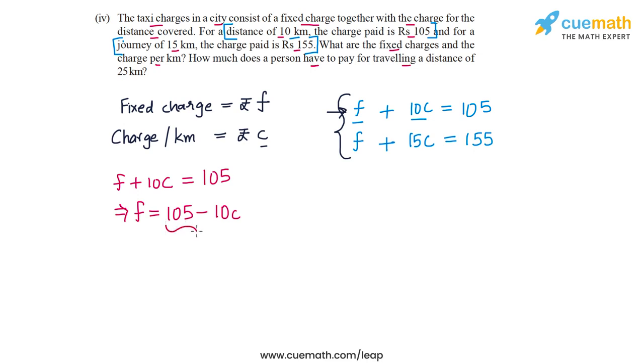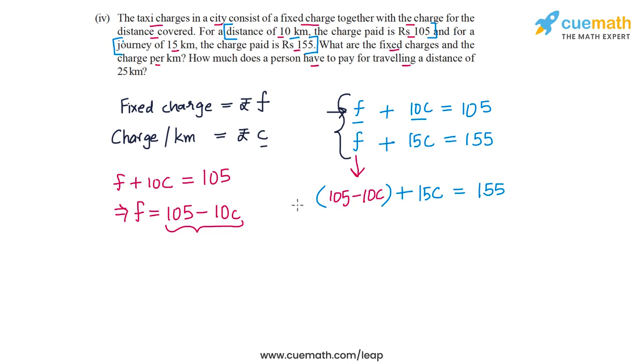And this expression for F I will substitute into the second equation. So the second equation is F plus 15C equal to 155. So instead of F I will write 105 minus 10C, and then we have this plus 15C is equal to 155.